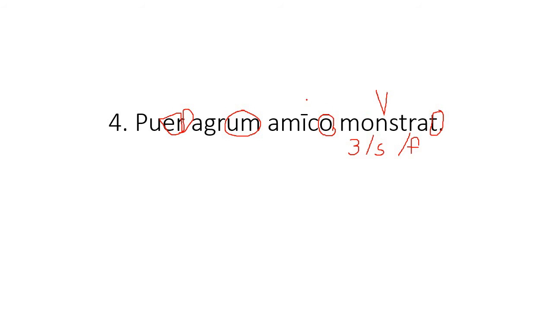So let's go over to one of these. If we have puer with no other ending, remember your vocabulary was puer, pueri, and the first vocabulary entry is always your nominative singular. So the only option for puer is that it's nominative and it's singular. And what gender is it?